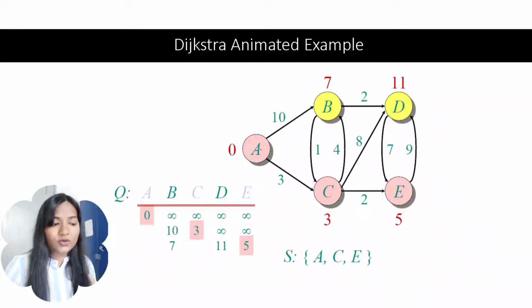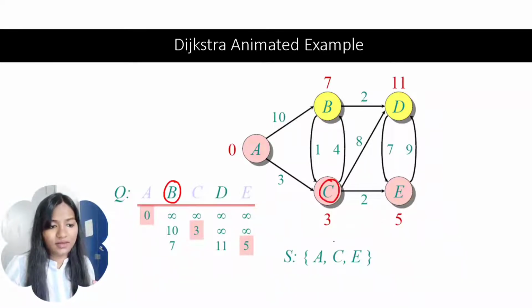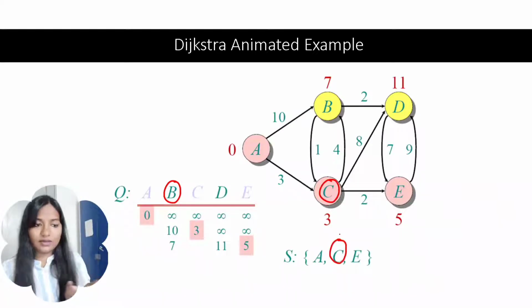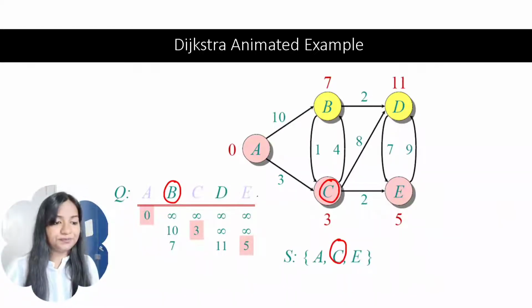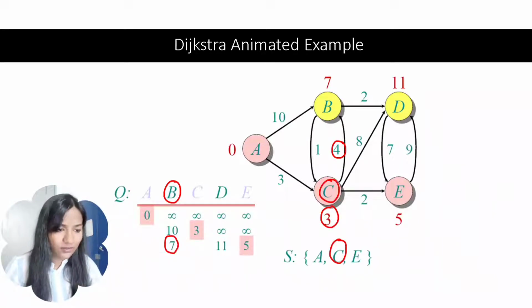Because we want to write the distance between A and B, but through C, because that's the vertex I have selected. A to C, the distance was 3, and C to B, the distance is 4. So the total distance will be 3 plus 4, that's why this is 7.